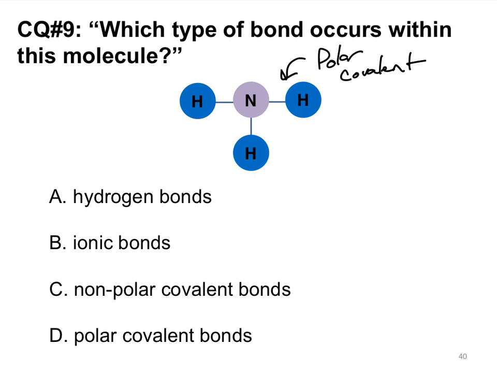If you try to do the Lewis dot structures, it wouldn't work out as simply as the ones we've been discussing. But in any case, it definitely has a polar covalent bond between each of the nitrogens and a hydrogen. So are they hydrogen bonds? No. Why not? Because hydrogen bonds happen between molecules.